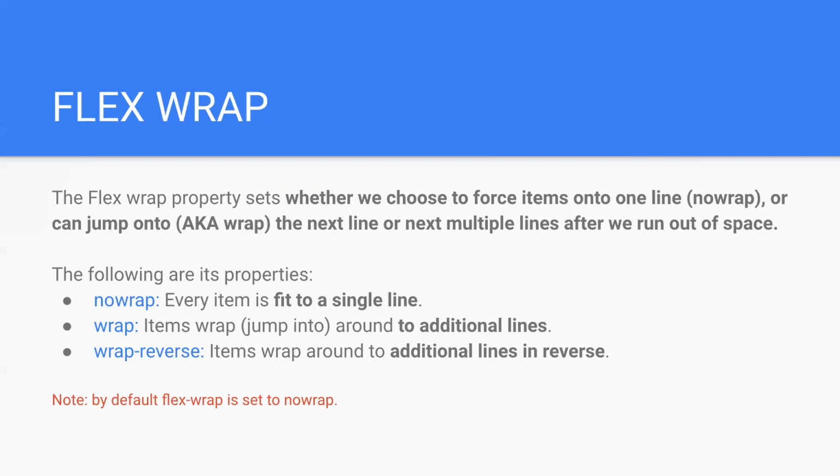So basically, let's say we have a 1,000 pixel by 1,000 pixel box here, right? I am very poor at math, so don't judge me.